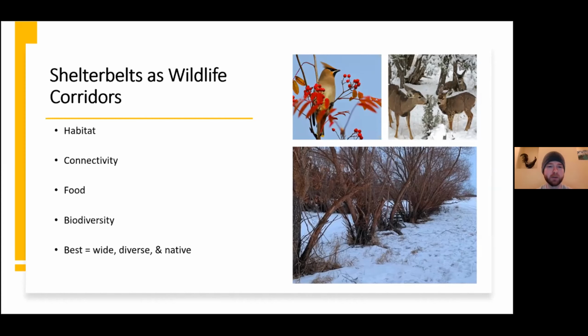And proper placement is useful for habitat. You want to make sure those shelterbelts are connecting to other natural features so they're not fragmented on the landscape. As well, if you plant native species, native wildlife will utilize them, along with creating a nice diverse selection of species.